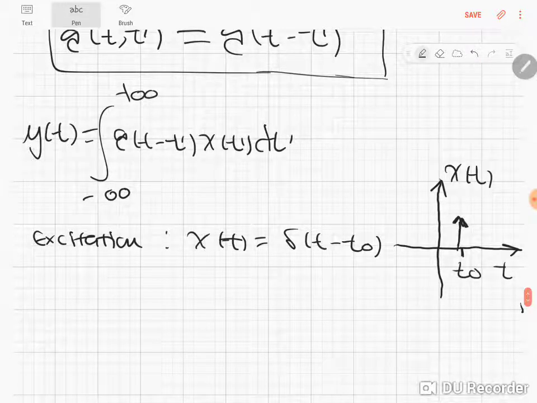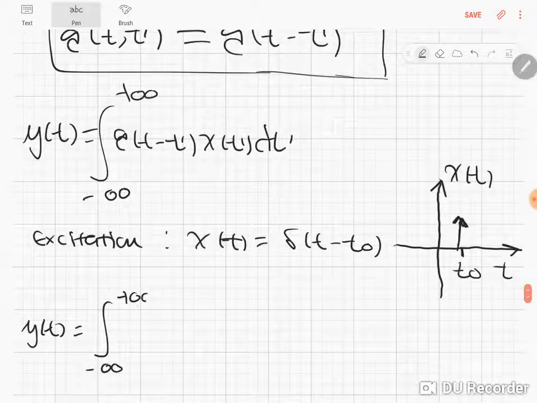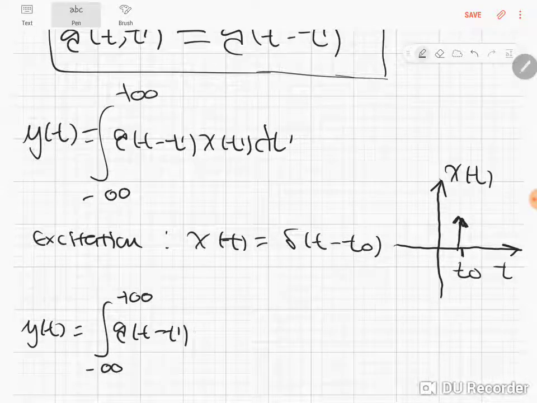Then what happens? y of t is equal to the integral from minus infinity to plus infinity of g of t minus t prime times delta of t prime minus t0 dt prime.